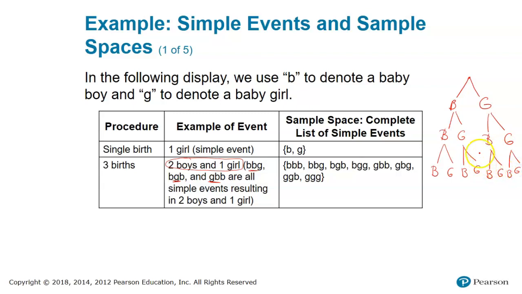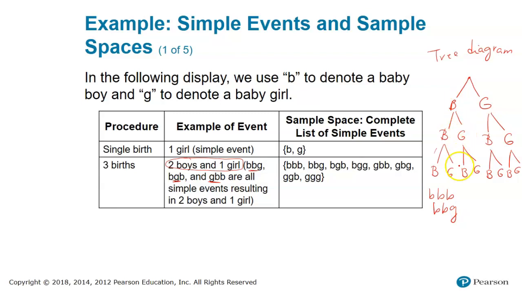So looking at this, if I were to list my sample space, I'm going to trace each one of these tree branches. That's why it's called a tree diagram, because we have all these branches that we can trace down. So if we trace these down, that would give us boy, boy, boy, and then boy, boy, girl.